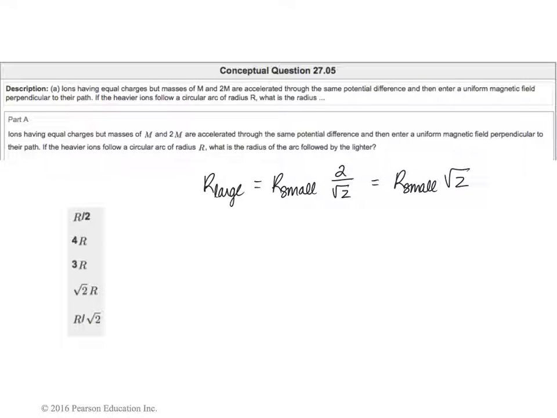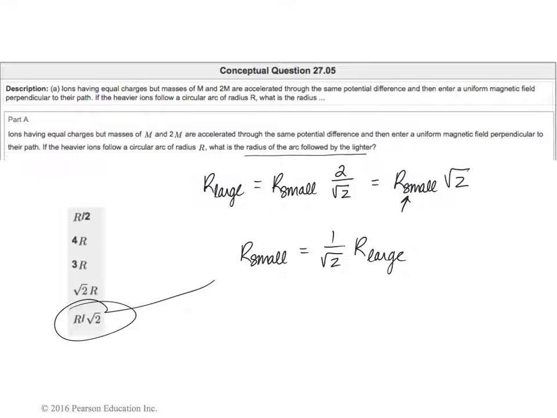And so then finally it asks what is the radius of the lighter, so I'm just going to solve for the radius of the small, and it'd be 1 over the square root of 2 times the radius of the large. I think that was more organized than the other day, and hopefully you'll agree, and at least it makes a little bit more sense to you.